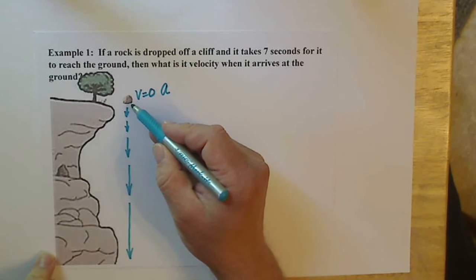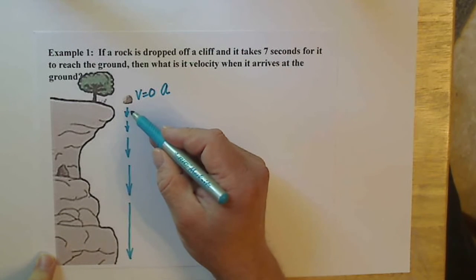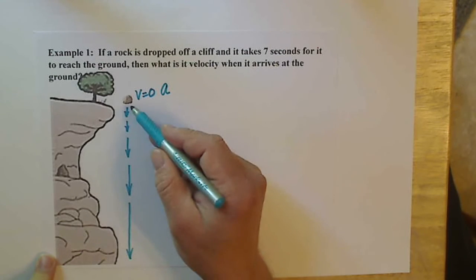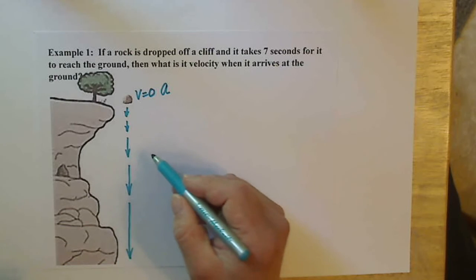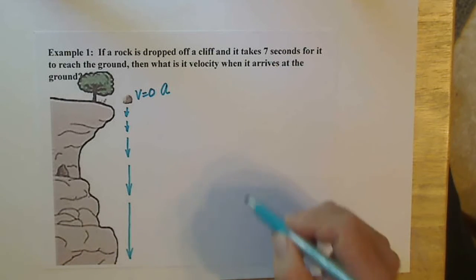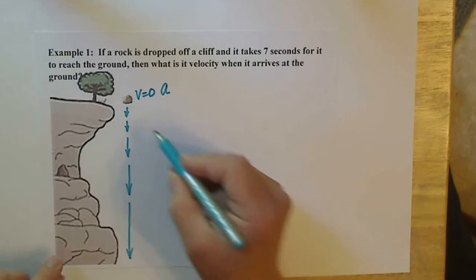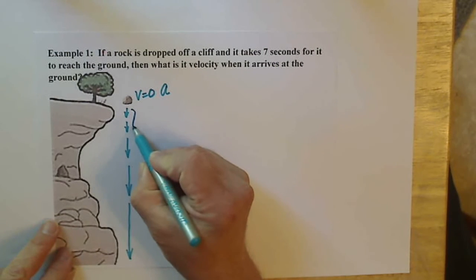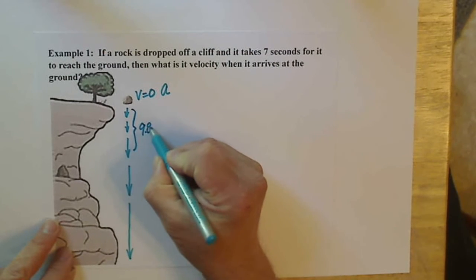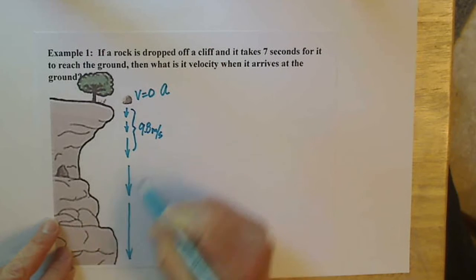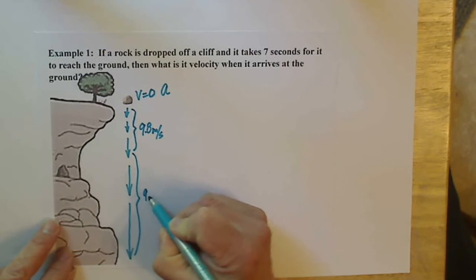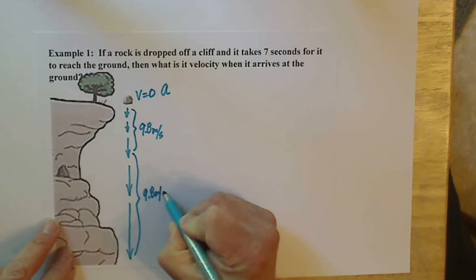So if you drop this rock on Earth, then every 1 second that goes by, that rock is going to gain 9.8 meters per second, going faster and faster and faster. Which means every second this thing drops, it's going to gain another 9.8 meters per second.